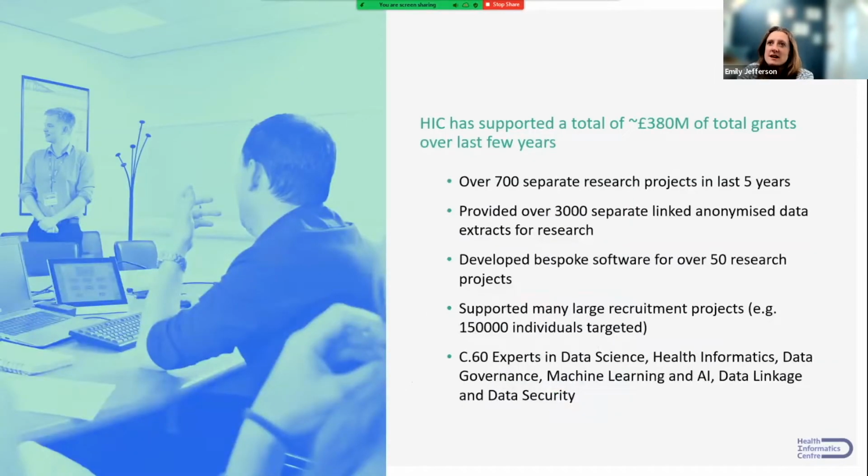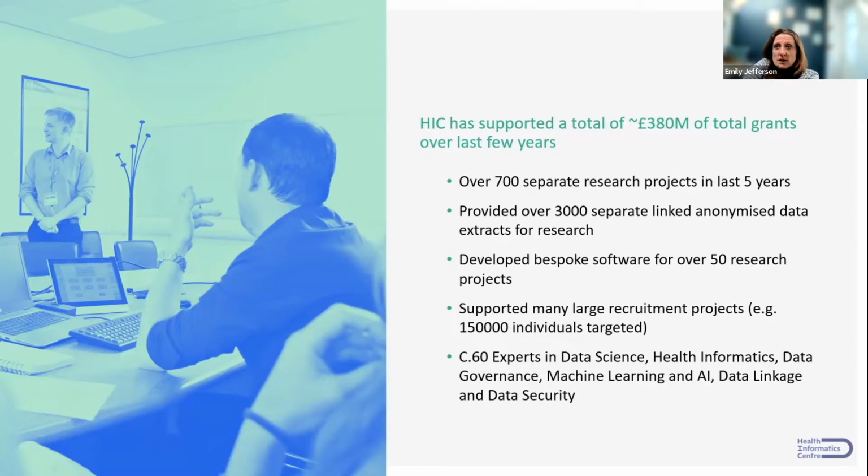So over the last few years, we've supported over £380 million of grants and over 700 different research projects. We've provided over 3,000 different linked anonymised data extracts for research. We run a regional safe haven, but also run lots of different national and international projects.